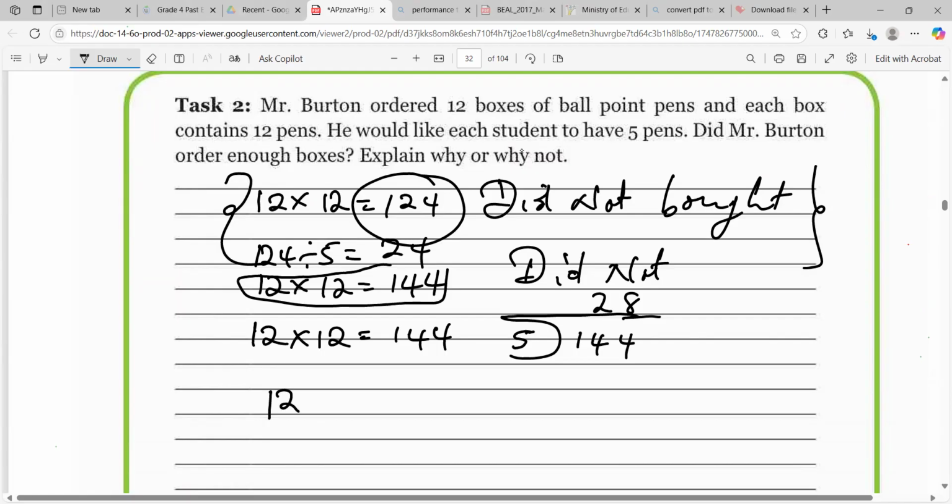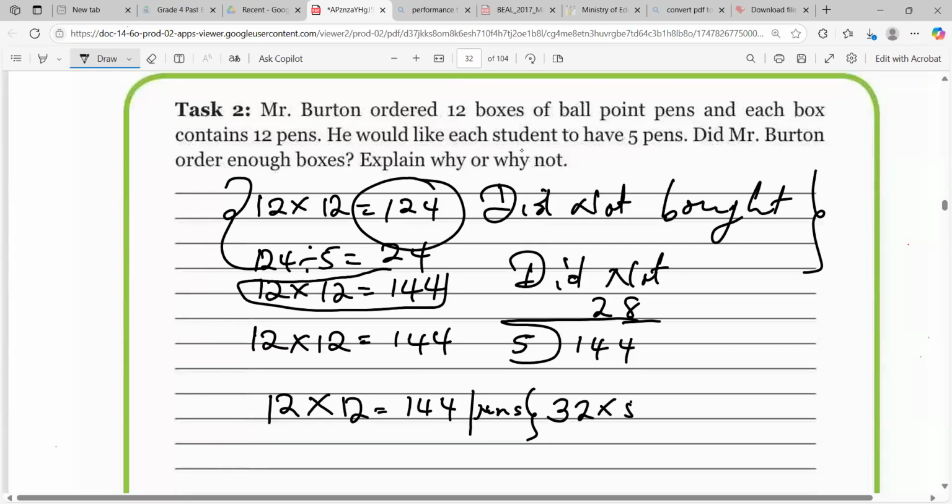And it says each box contains 12 pens. So multiply 12 by 12, you get 144 pens. Then I go over to the amount of students and the amount of pens that each student would have to get. So I multiplied 32 by 5, which gives me 160.